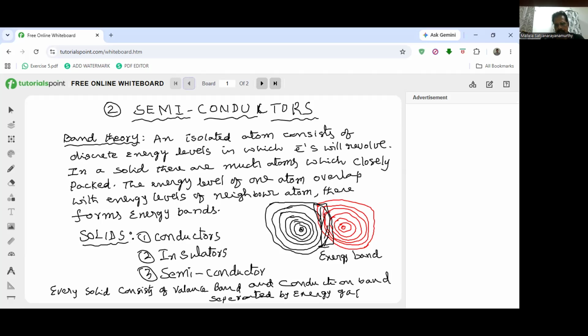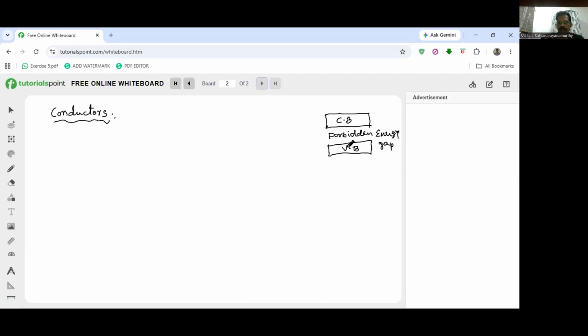That energy gap is called a forbidden energy gap. So this is the valency band, conduction band, and forbidden energy gap.